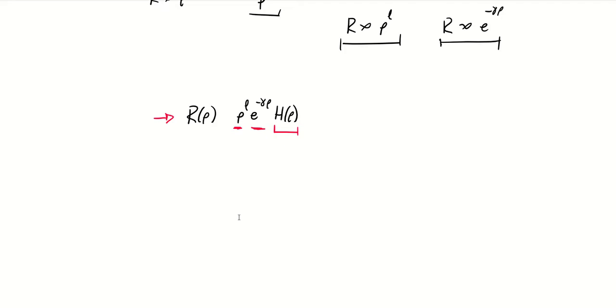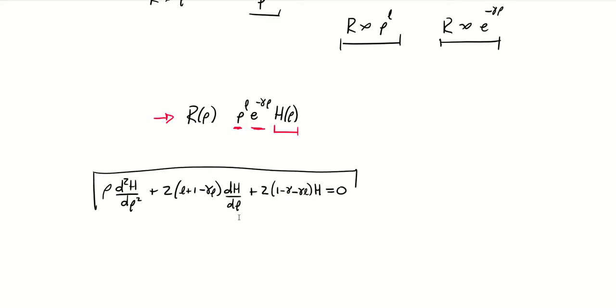But the punchline is, after you've taken the first and second derivatives, plugged them in, and organized terms, we end up with a differential equation for that h function: the second derivative of h with respect to rho, plus 2L plus 1 minus gamma rho times the first derivative of h with respect to rho, plus 2 times 1 minus gamma L times that h function again, is equal to 0.